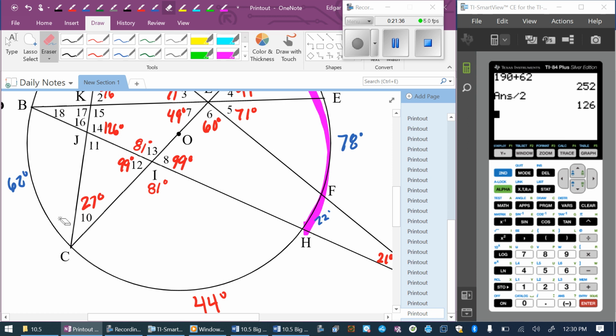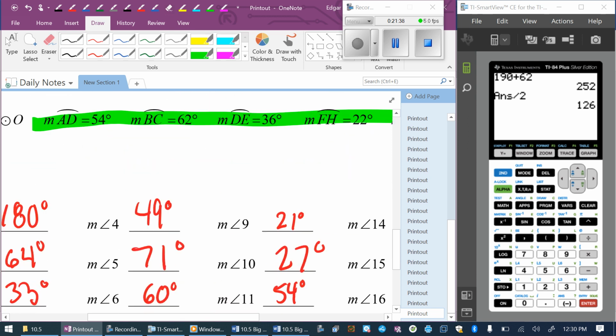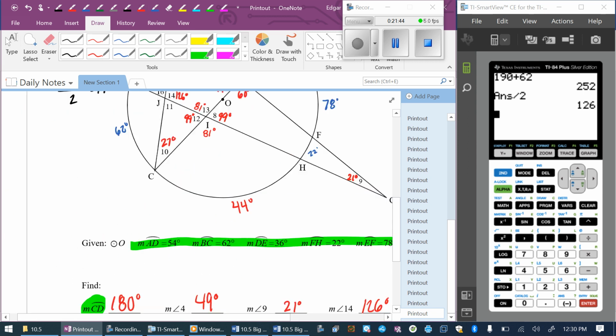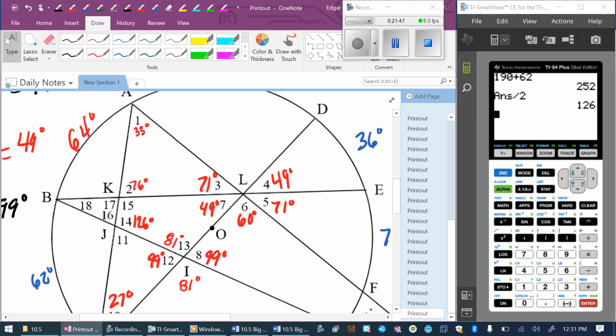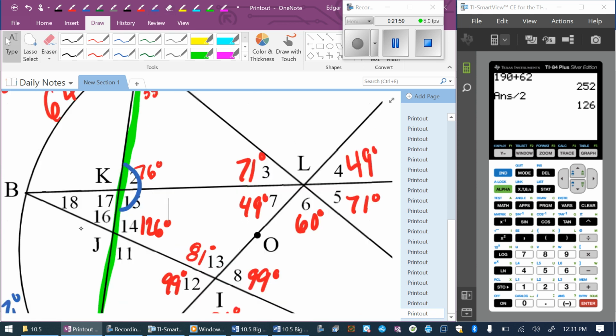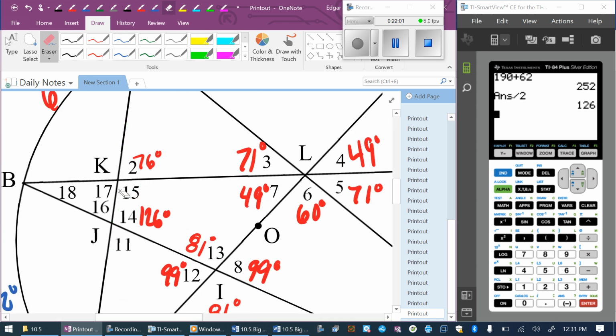I can erase these, and as I said, we got 126. We move on to angle 15. And angle 15, I can already see it is going to be a little simpler because this is a straight line. This is a linear pair. That should add up to be 180 degrees. So I can do 180 minus 76, and I get 104 degrees.